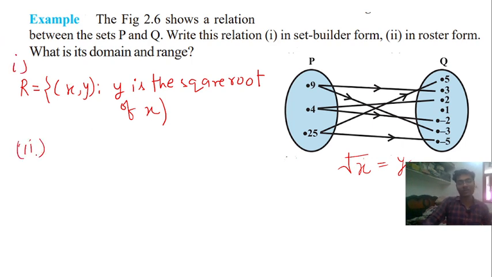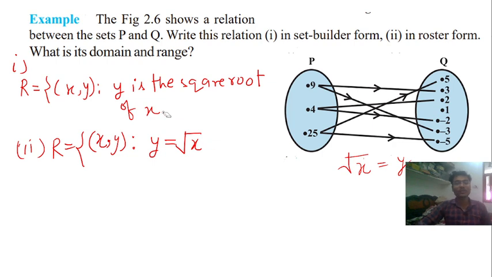And if we try to write this same situation in the roster form, which is x comma y relation is equals to y is equals to root x. You will have to also specify the limit of y. We can also put the limit here.